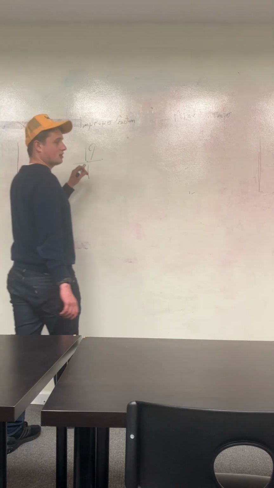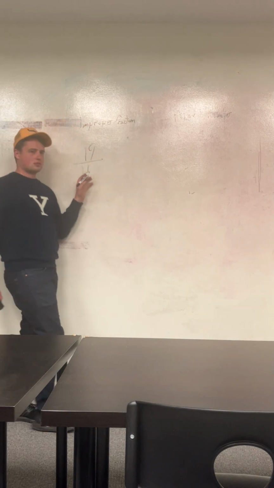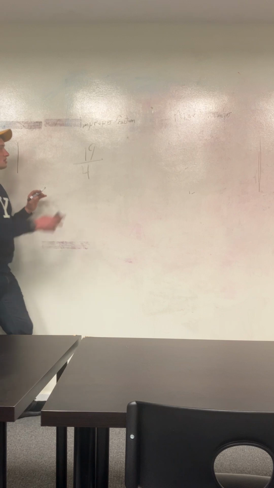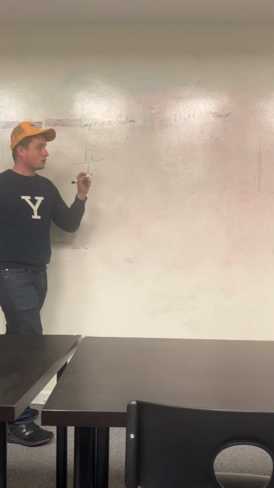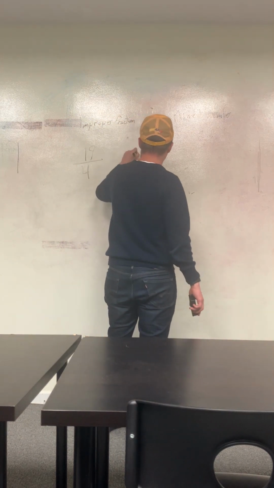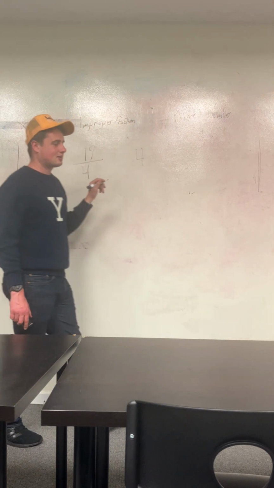Do we have an answer? So I put 4 goes into 19 4 times with 3 remaining. Would that be 1 with 4 over 4? Okay, so I got 1 with 4 over 4.